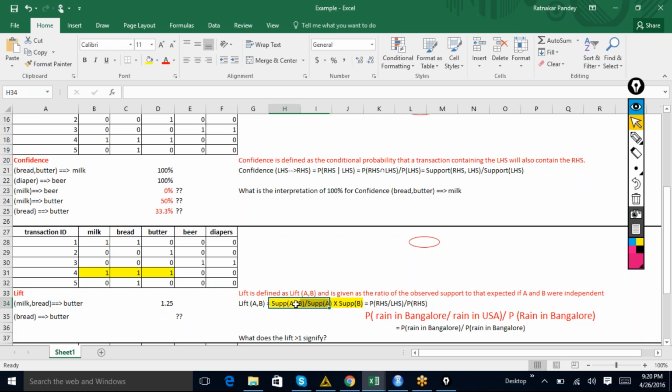You first look at the support of A union B, which is how many times both bread and butter are bought. That becomes your numerator, divided by the total instances. Then look at the support of butter only times the support of bread only, and that gives you the denominator.